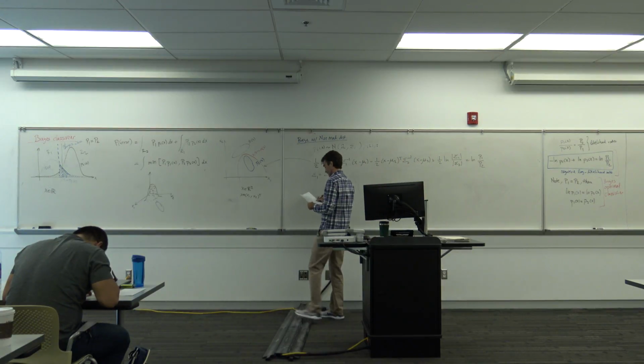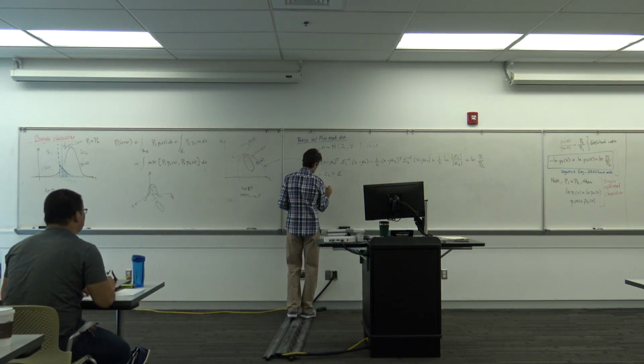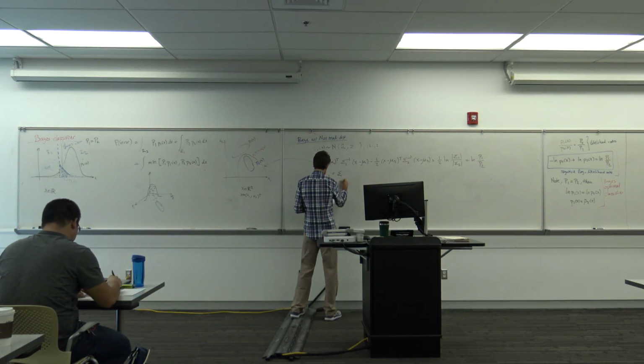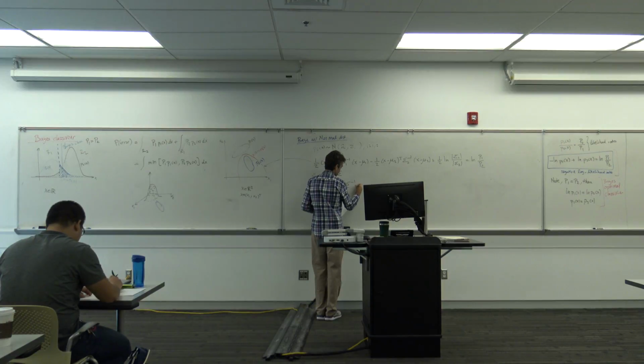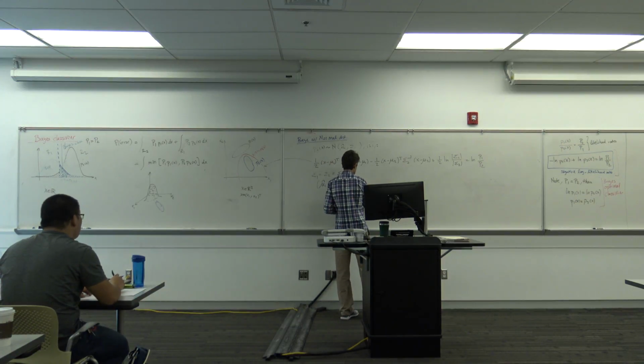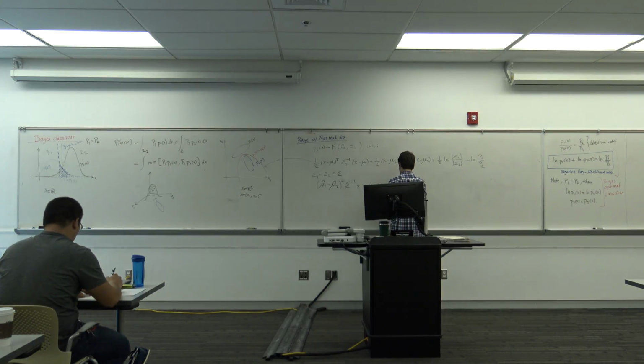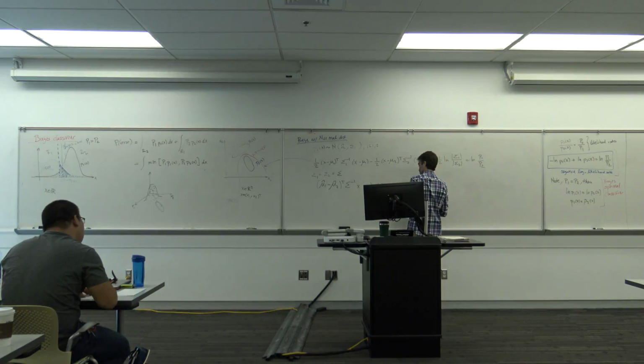Then I can simplify everything to (mu1 hat minus mu2 hat) transpose sigma inverse x plus 1/2 mu1 hat transpose sigma inverse mu1 hat minus 1/2 mu2 hat transpose sigma inverse mu2 hat equals the log of P1 over P2.